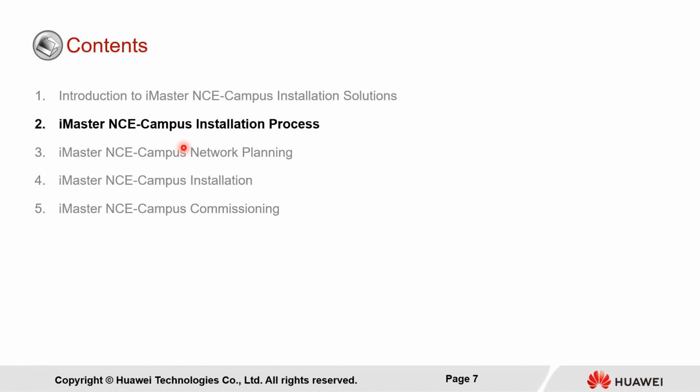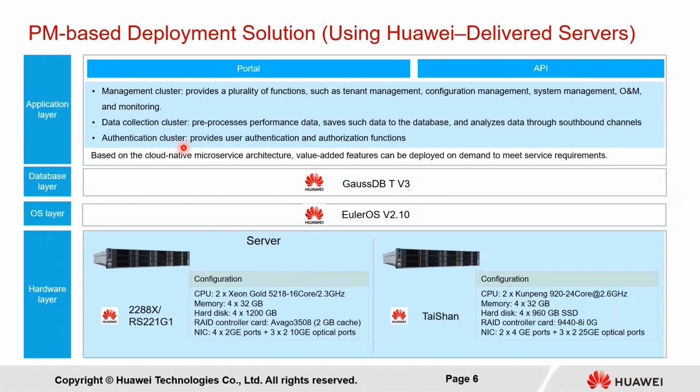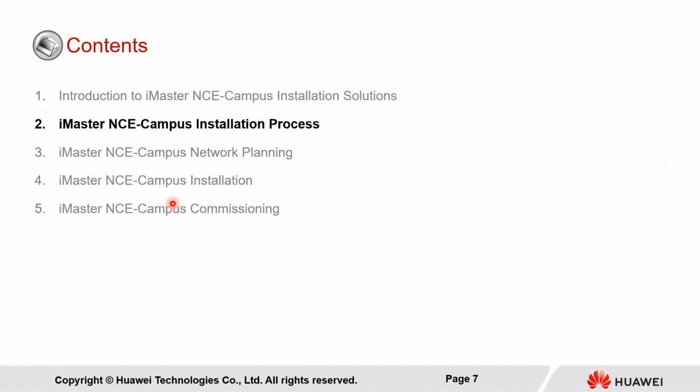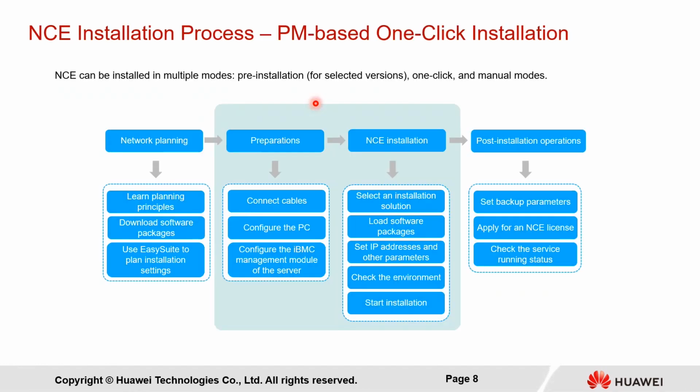After having a brief overview of NCE, let's go ahead and show you the installation process. Like I just said, there is more than one way to deploy NCE, and the process varies according to your deployment solution. First, let's see one-click installation on physical servers.